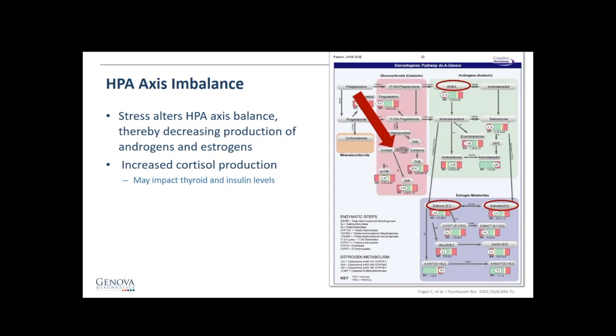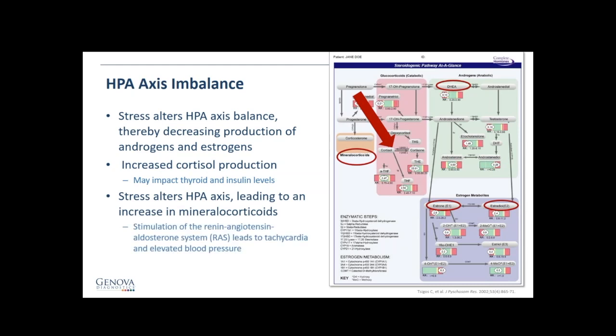High insulin levels with cortisol are problematic as well. Stress alters the HPA axis, and it can also lead to an increase in the mineralocorticoids. And when you have a stimulation of the renin-angiotensin-aldosterone system, that leads to tachycardia and elevated blood pressure. So again, it's all about balance.